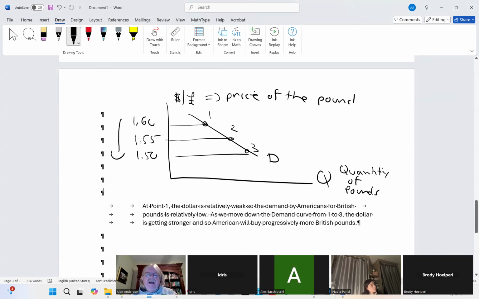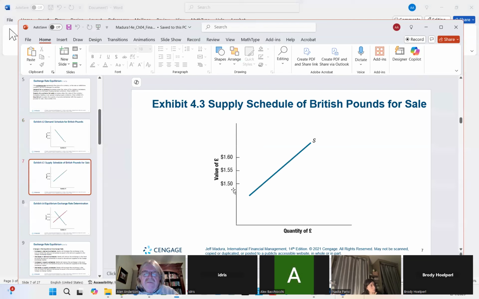Okay, now let's consider the supply curve.